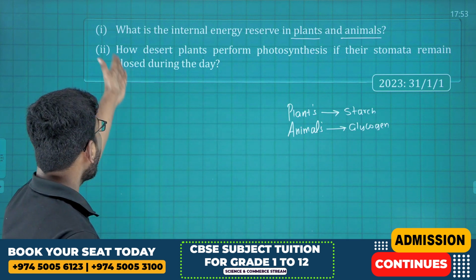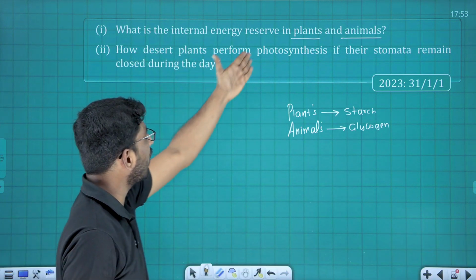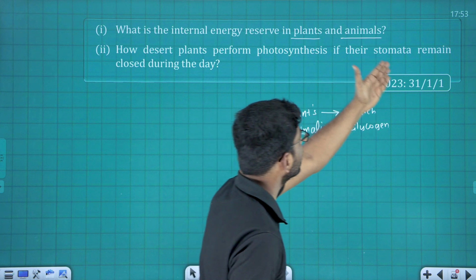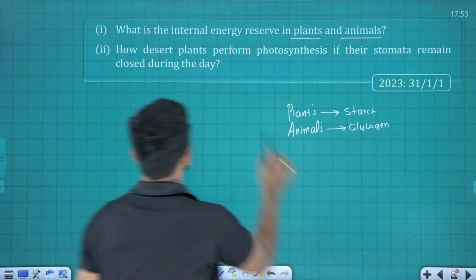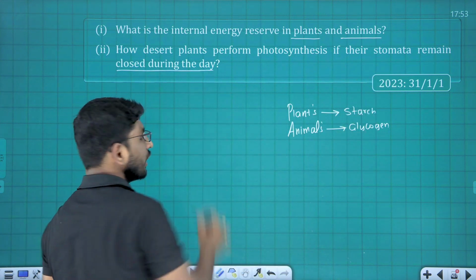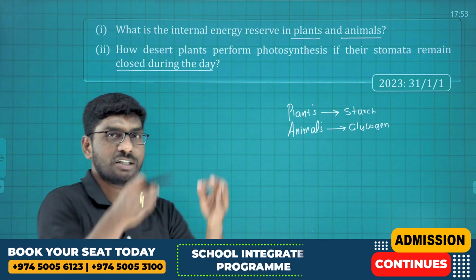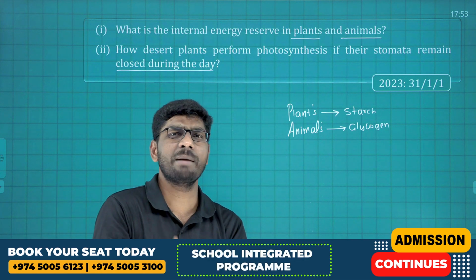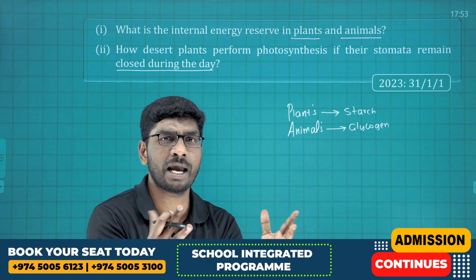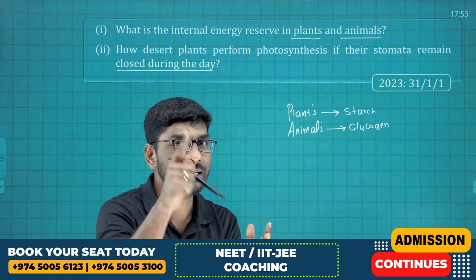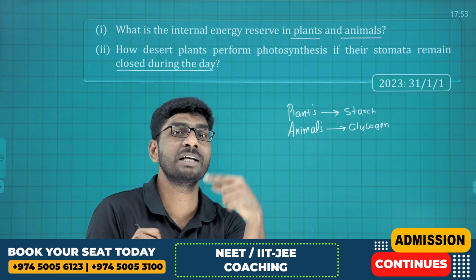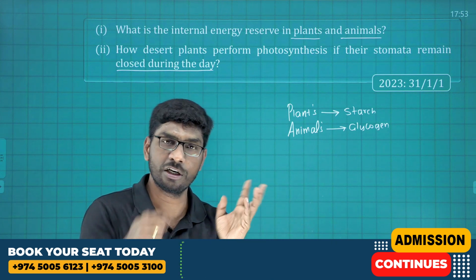Number two, how do desert plants perform photosynthesis if their stomata remain closed during daytime? Yes, for desert plants the outside temperature in the daytime is very high. If they open stomata, transpiration takes place and they may lose water.